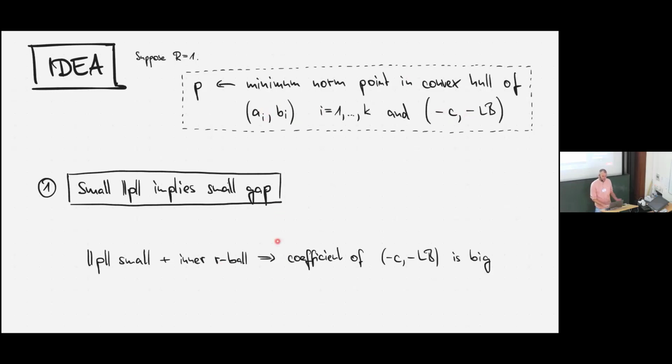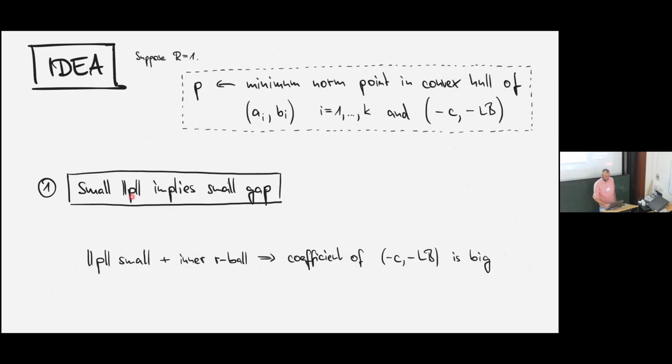In particular, suppose you found a point of zero norm, so you found the origin in that convex hull. Then that simply means that you can express this guy here as a conic combination of the other guys. If you interpret things nicely, then you see that these constraints imply a proof that C transpose X is greater or equal than the lower bound, and you're done. So that's the idea.